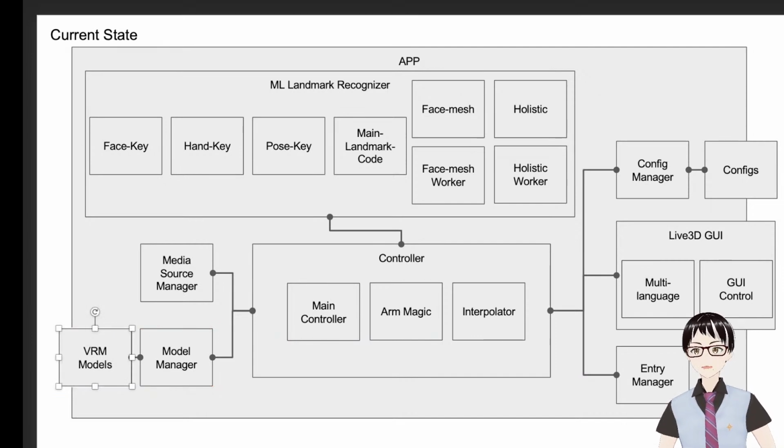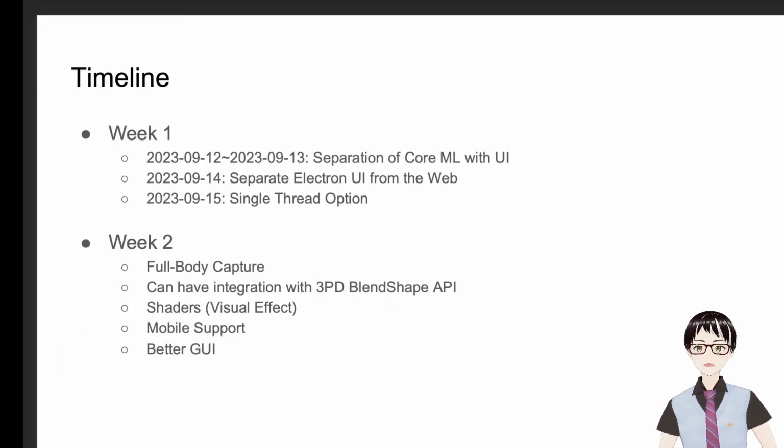And I will probably check the code today as well, before the rewrite tomorrow, and let's start work on it. And by this week, hopefully, we'll be able to have everything listed in week one finished. Have the core ML part separated, have the Electron UI separated, and also have the single thread option, which can be critical for the mobile support.